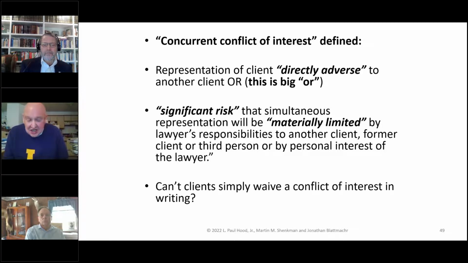If there is a significant risk that your representation of simultaneous people will be materially limited, not only by your responsibilities to another client, but potentially to a former client or a third person. So you've got to watch out. And people say, well, I've got that covered, Paul. We have waivers. Go to the next slide, Marty.